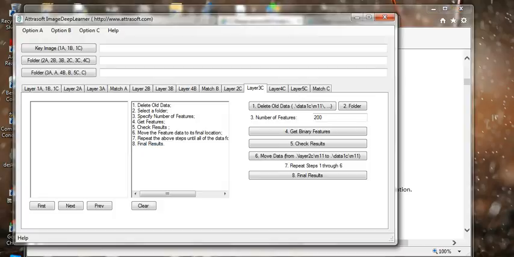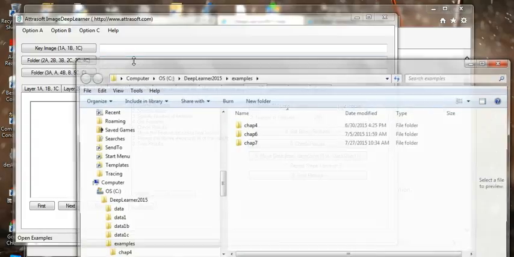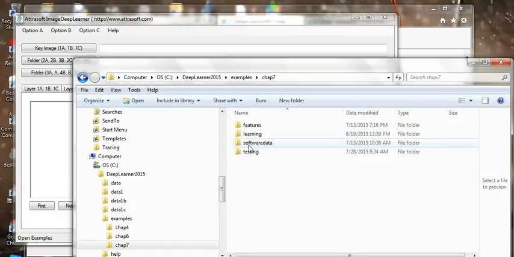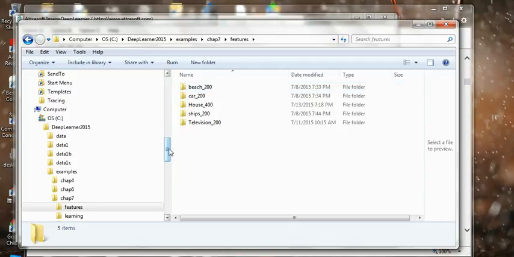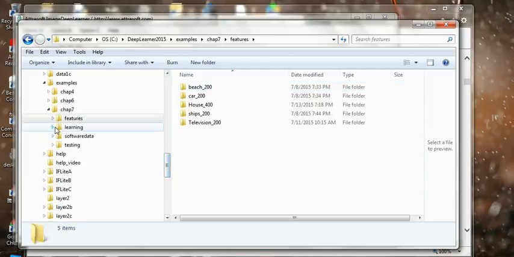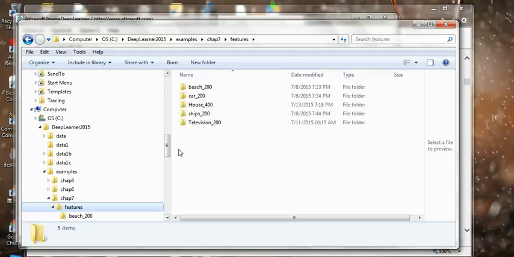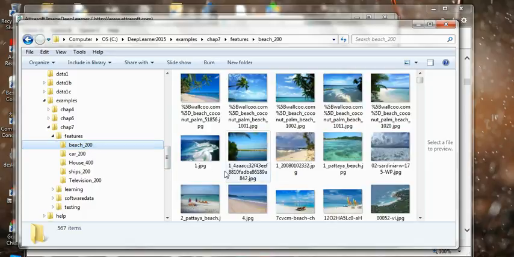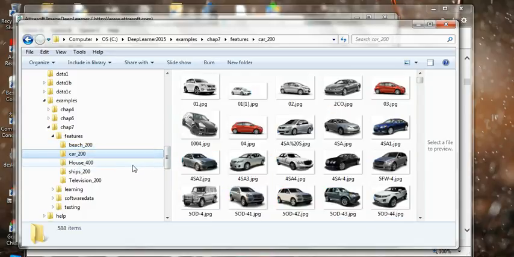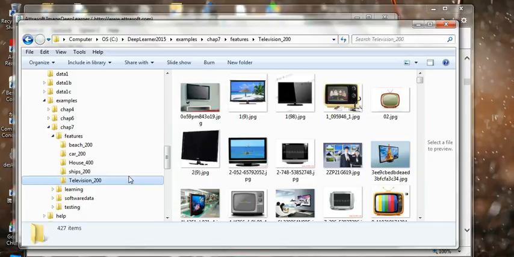Okay. So now let's look at the problem we're trying to solve. The last example here, chapter 7. For the features, we just randomly pick some images. We learn 5 features, 5 concepts. Some random features, those are randomly downloaded images.